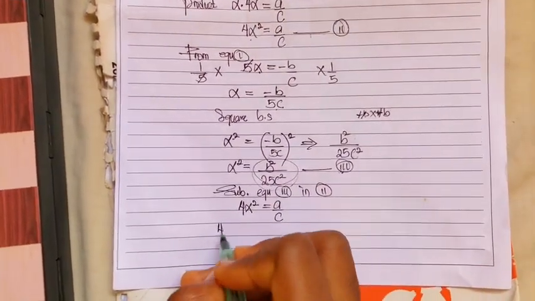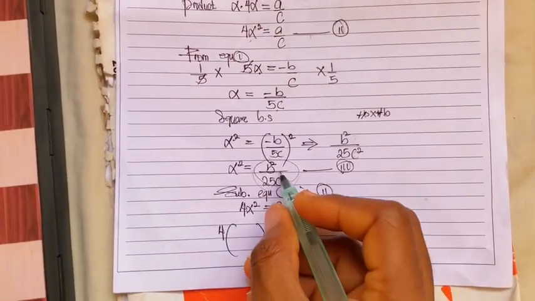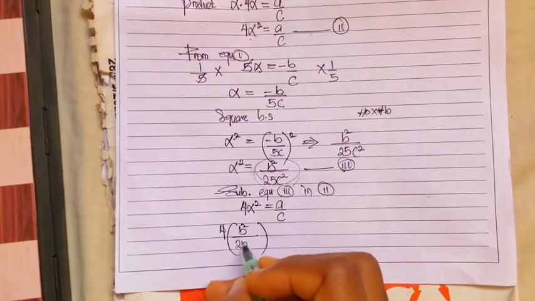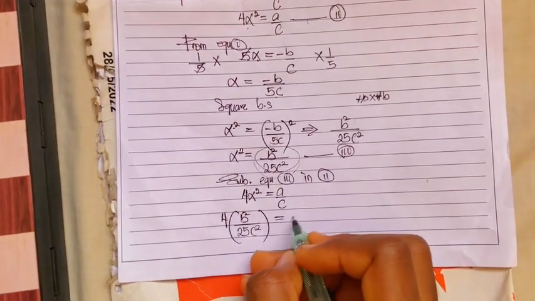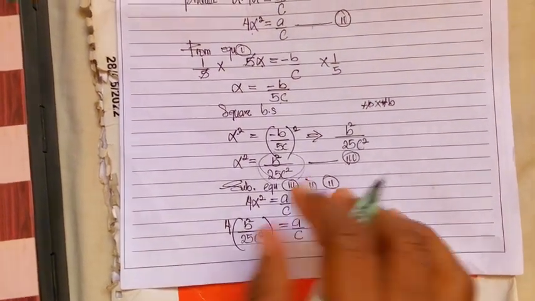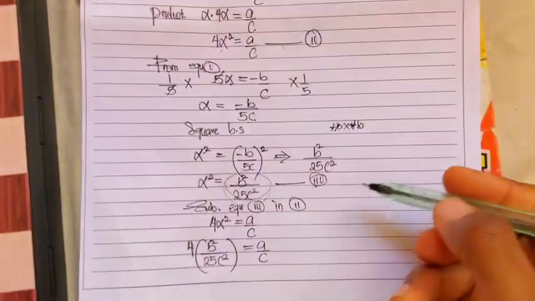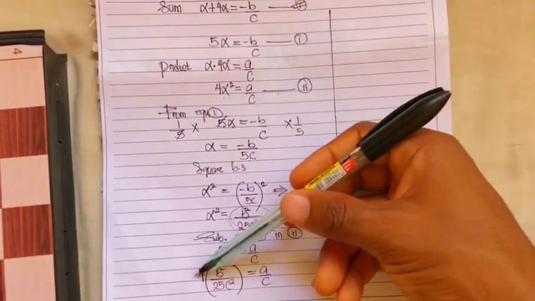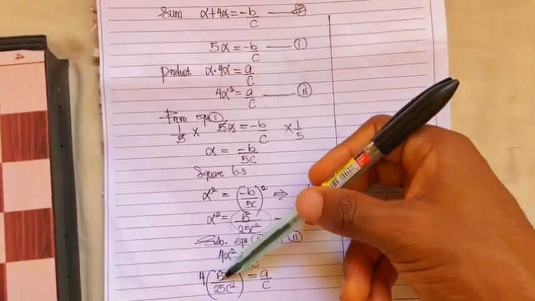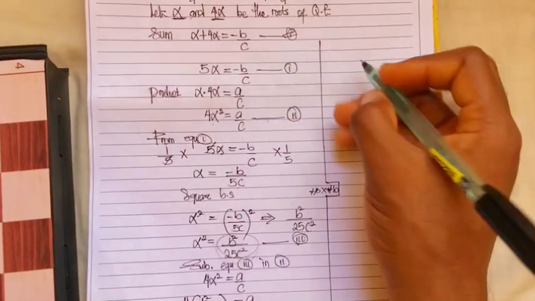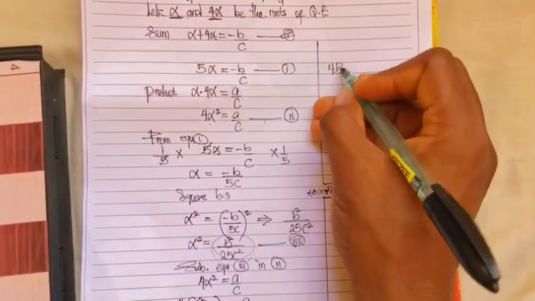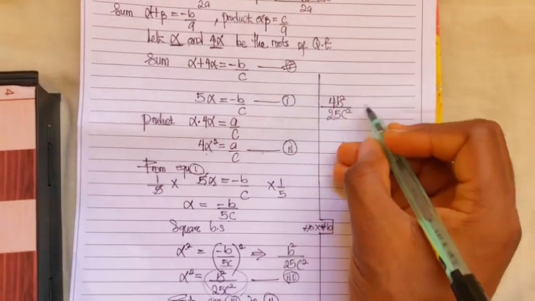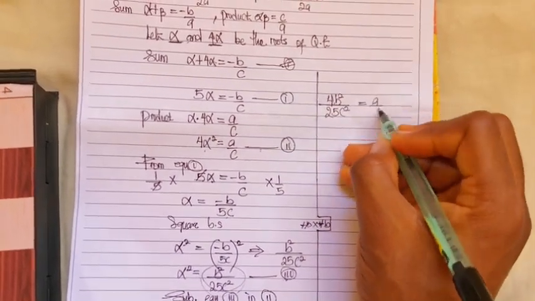So I can just say 4 into the expression here, which is b squared over 25c squared, equals a over c. If I multiply this with this, I'll get 4b squared over 25c squared. So let me write it here: 4b squared over 25c squared equals a over c.